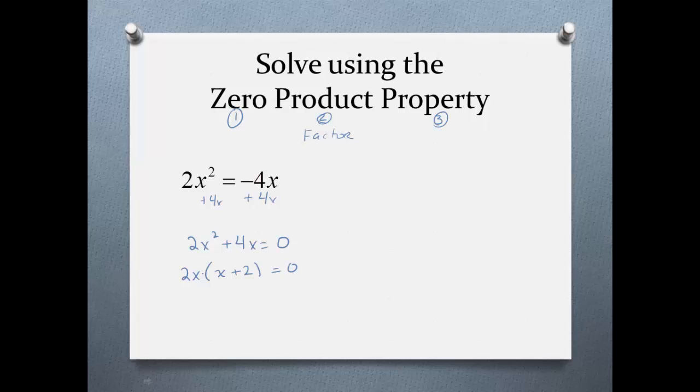And the property says that either the first factor is 0 or the second factor is 0. The first factor, 2x equals 0, that leads me to a solution of x equals 0. The second factor leads me to a solution of negative 2. So again, I get two solutions to this equation.